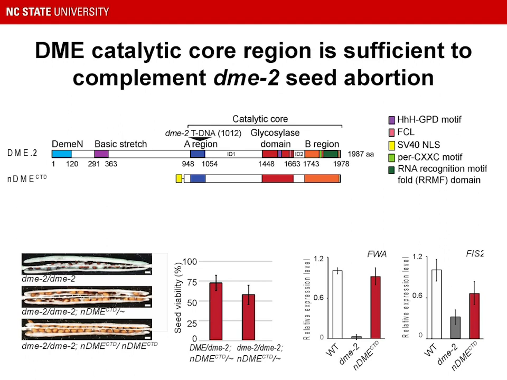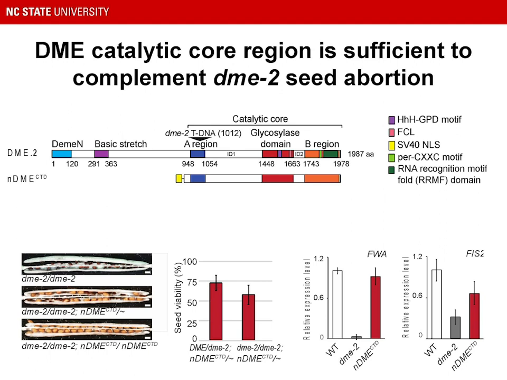In the homozygous mutant, 99.9% of the seed die. We put in a copy, then it recovers to 50%. When the transgene is homozygous, it is fully restored to normal seed. So the C-terminal is sufficient. That was a big surprise to many of us.